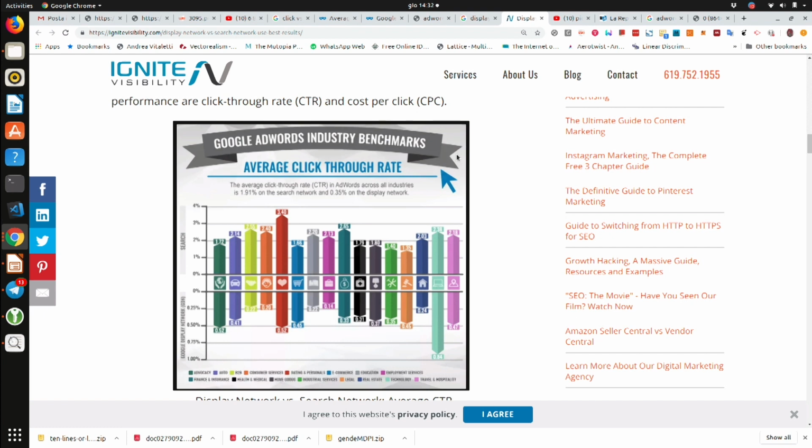So this is for different sectors, and you see the number of click-through. What do we mean by click-through? It means that not only do I show you the advertising, namely the picture or the advertisement on the search engine, but also that you click through.